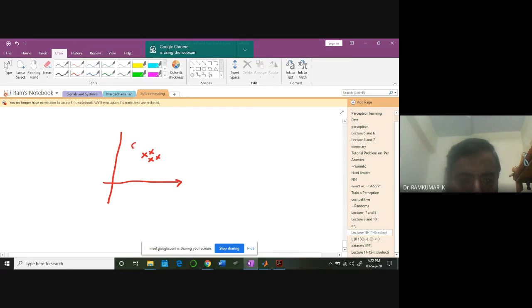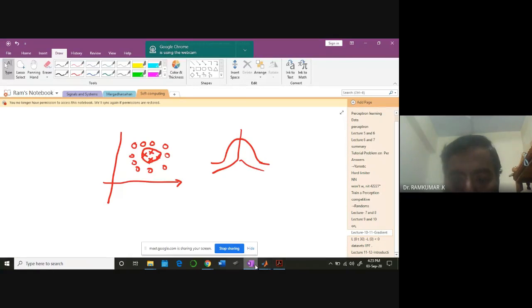On the outside you have positive. Now I would like to separate out this pattern from the outside pattern. So you cannot draw lines here. You need to think in terms of functions like this. Remember the kind of functions we are talking about. That's what the representation power helps you with.